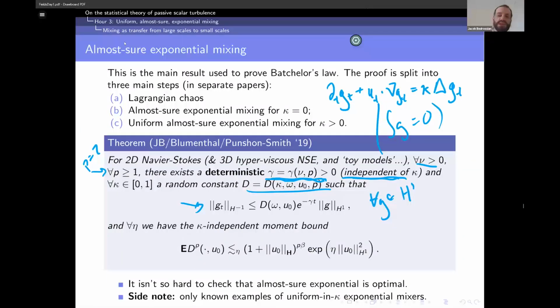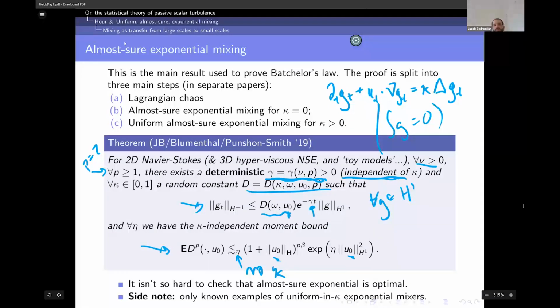And so it's important to notice that gamma is deterministic, D is random, and it depends on the initial condition of the velocity field. But for D, we have moment bounds. So we have estimates on how big D can be in terms of u, and this is independent of kappa.